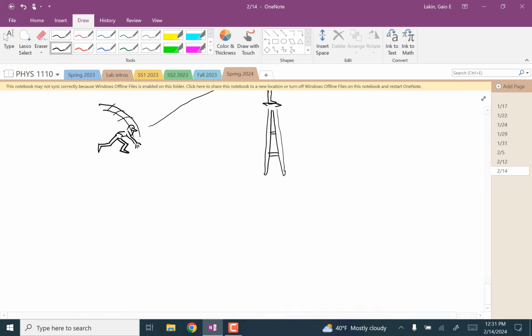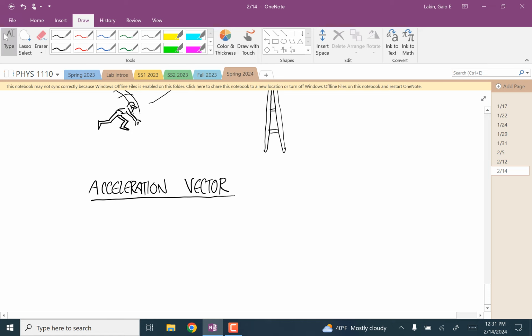And so now the acceleration vector. So remember I said velocity is a measure of how quickly the position vector is changing.